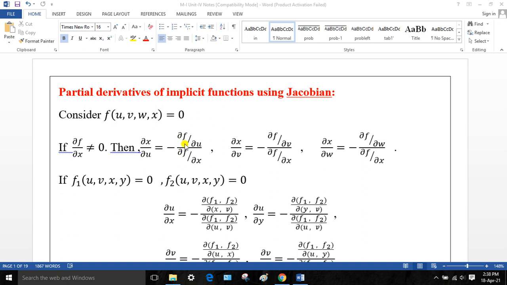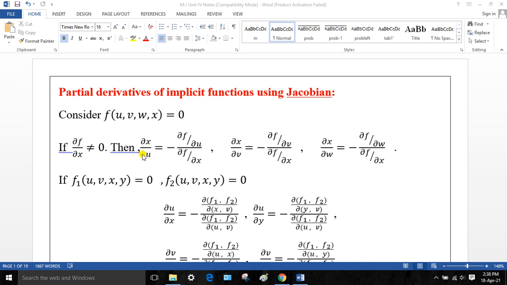Now, what do I have to write at the denominator? First we will see this numerator term. I take the entry of this del f now. Now I have to write the denominator. The denominator is del u. Copy that del u here, because this is the denominator. This is numerator, this is denominator, and here also this is numerator, this is denominator.